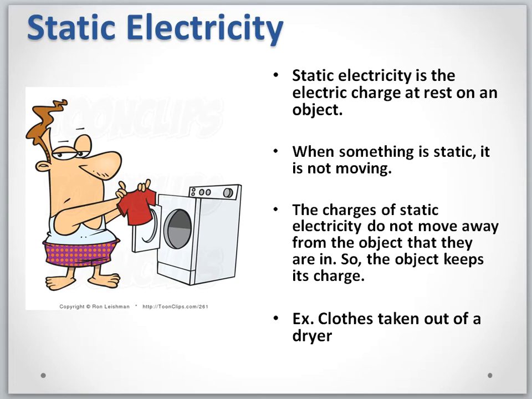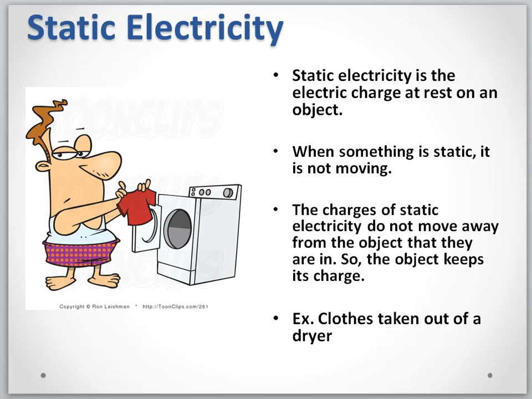Let's wrap things up with just a quick look at static electricity. Static means still or stable, not moving. So static electricity is electric charge that is at rest on an object. Charges of static electricity do not move away from the object, they just stay as they are. It's like those clothes that come out of the dryer.